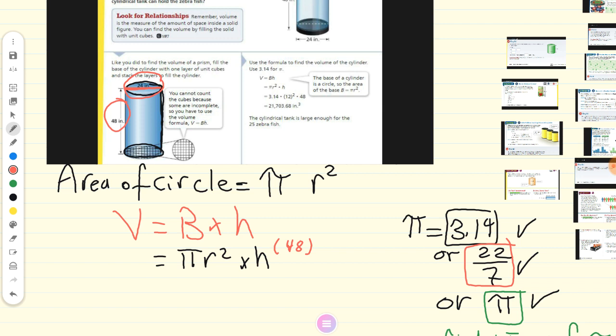And we know that r equals d divided by 2, and the diameter equals double r. To get r, we have to divide 24 by 2. So r equals 24 divided by 2, which is 12. So r equals 12.